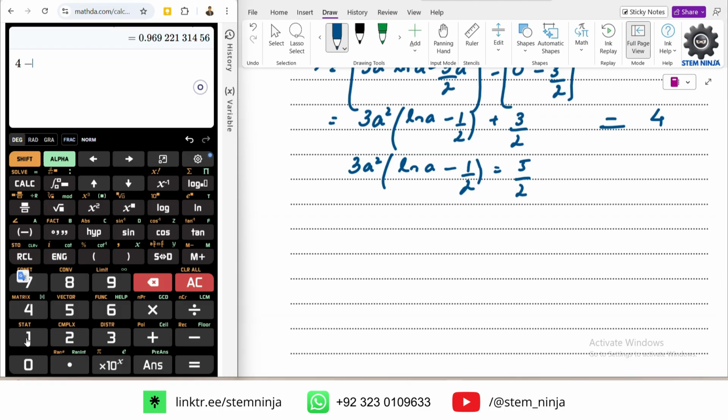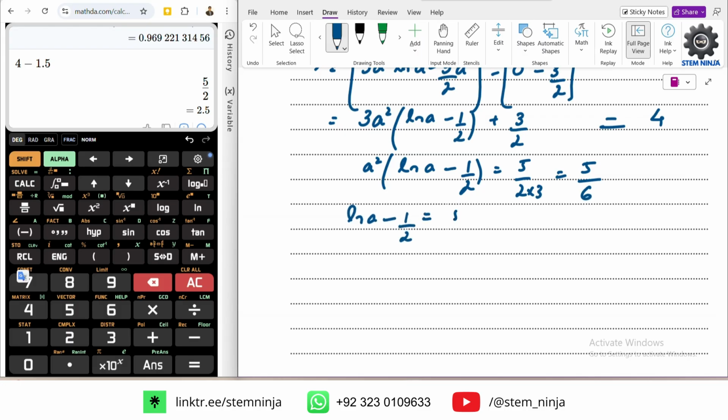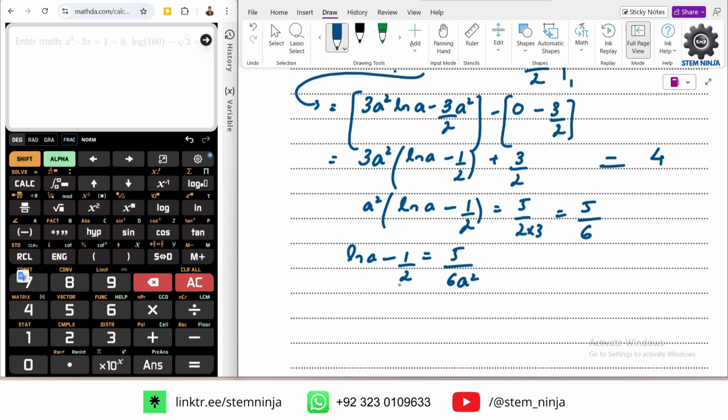So 4 minus 1.5 is 5 over 2. Then we take the 3 to the other side, so this is divided by 3, giving 5 over 6. The a squared comes to this side, so this becomes 5 over 6 a squared.